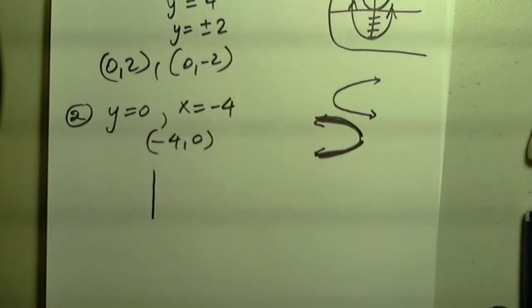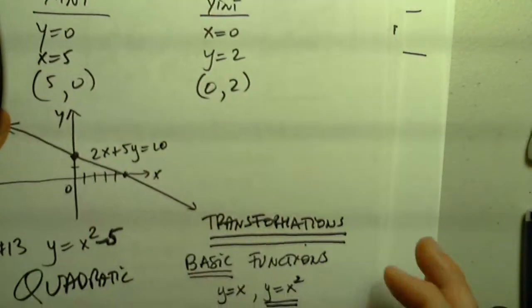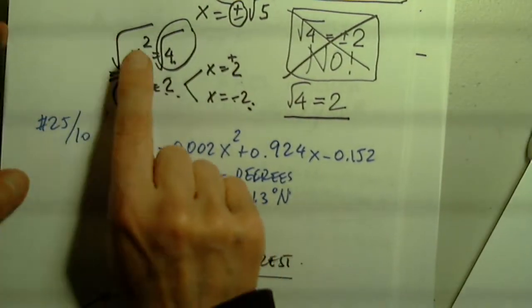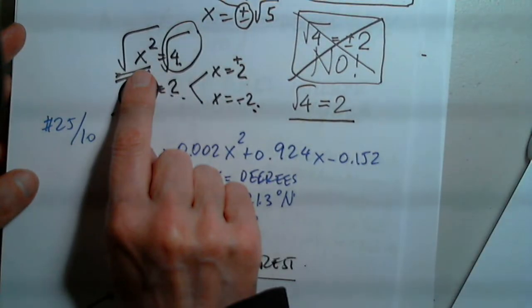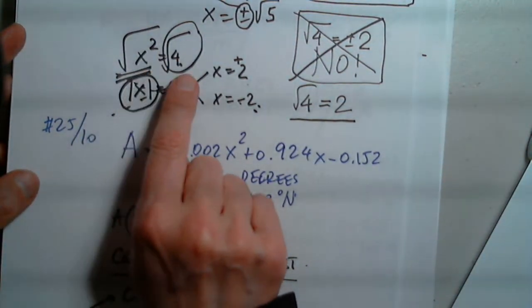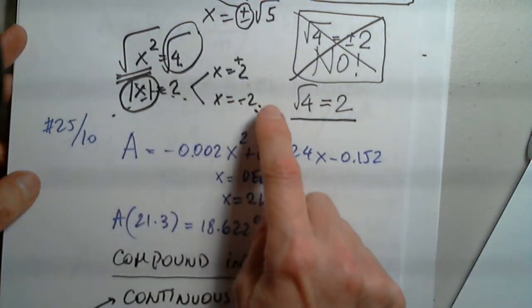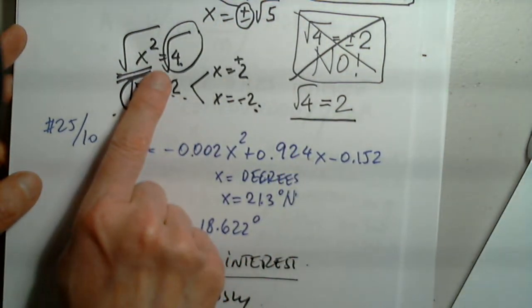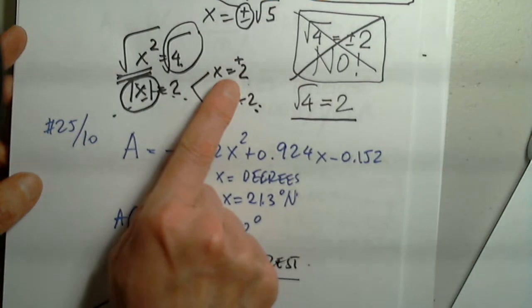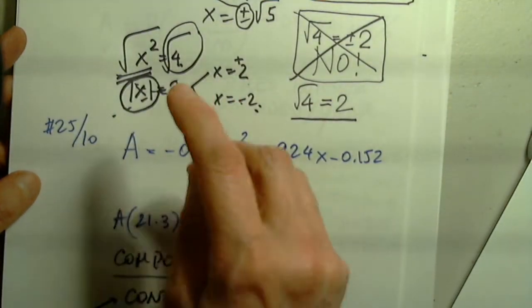Yes? Excuse me. Can you explain why now you say that y equals plus or minus 2? Yes. It's exactly what I said here. When I solve the equation, x squared equals 4, I apply the square root to both sides, and I get positive 2 and negative 2, but the square root of 4 is not positive 2 or negative 2.